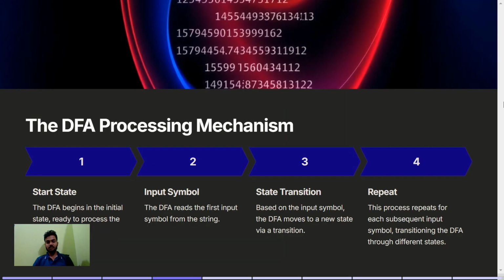At the third stage, state transition, based on the input symbol, the DFA moves to a new state via a transition. At the fourth and last stage, it repeats. This process repeats for each subsequent input symbol, transitioning the DFA through different states.